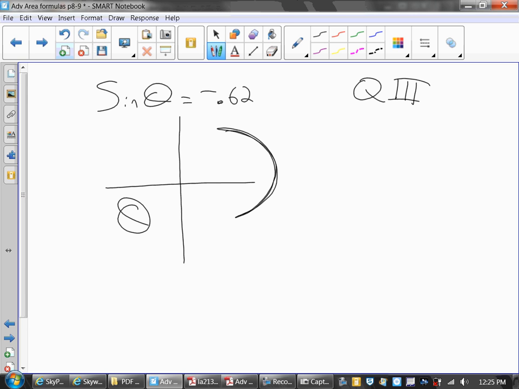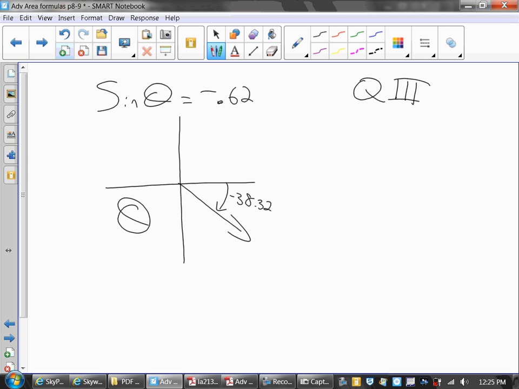So what I do here is I have to go to my calculator. I start with degrees because it's giving me theta in terms of degrees, because it's telling you look in between 180 and 270. Make sure I'm in the mode of degrees. Inverse sine, negative 0.62. Hit enter. I get an angle measurement of negative 38.32.